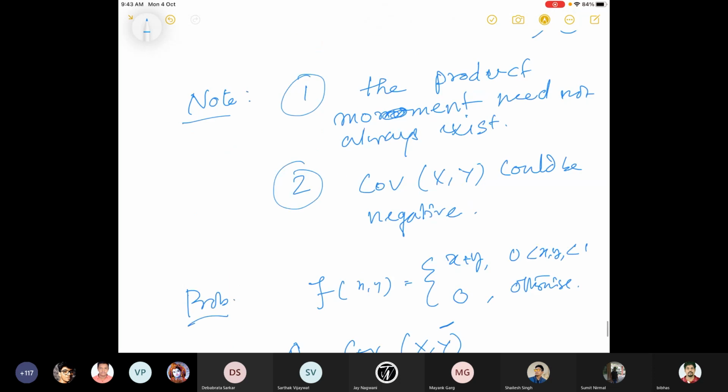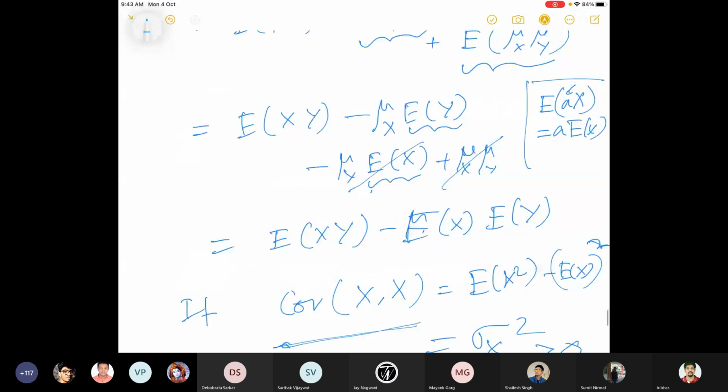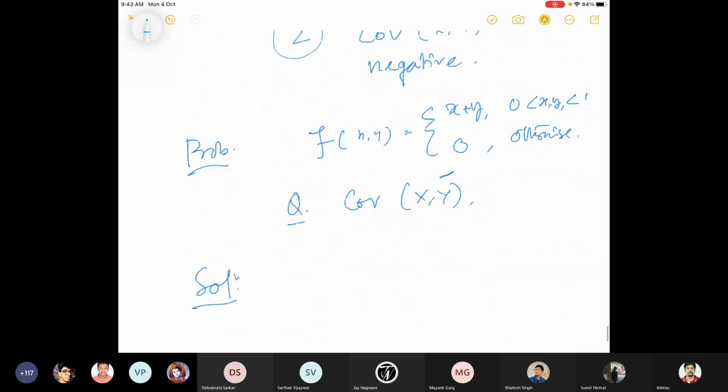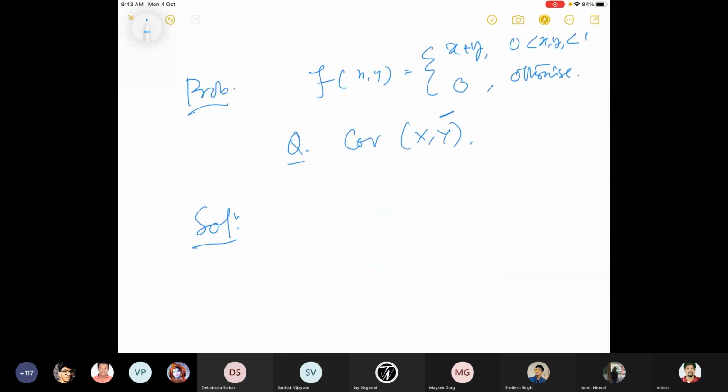Covariance, we know, is the product moment minus the product of the expectations. So first let us find out what f X is. If I know f X, then I can find the expected value of the random variable. So this is the integral from 0 to 1 of x plus y dy.